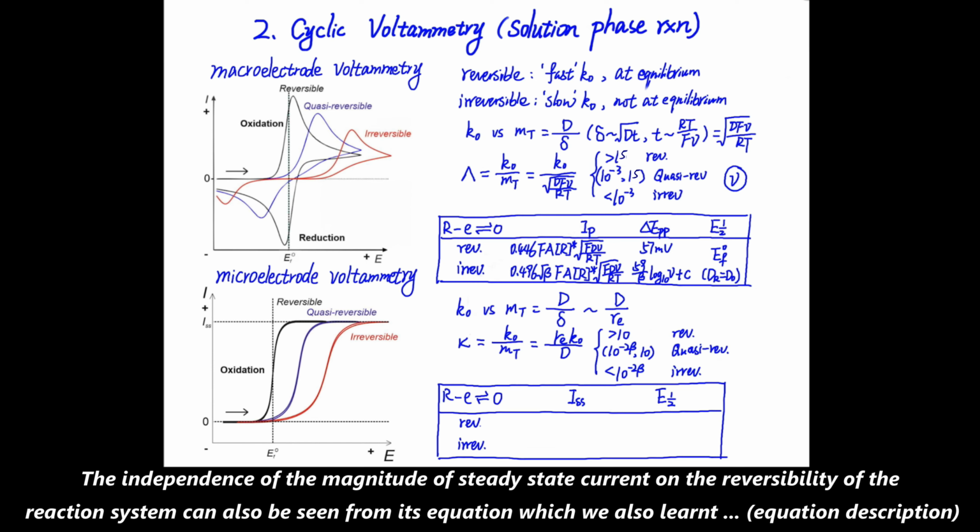The independence of the magnitude of the steady-state current on the reversibility of the reaction system can also be seen from its equation, which we also learned, for a given concentration of R and the electrode radius.